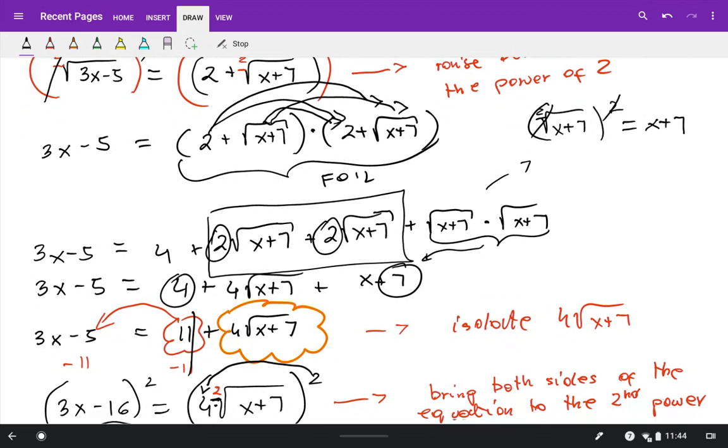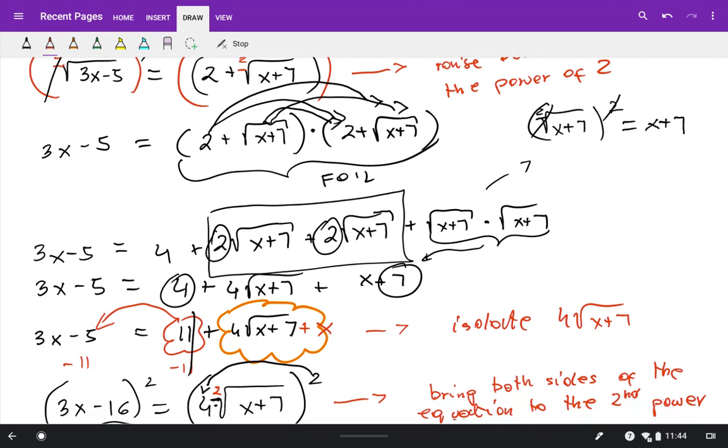Oh, I messed up right here. Have to fix that problem. I forgot to put that x right here. 3x minus 5 plus x. So this is my mistake. I didn't copy that x.